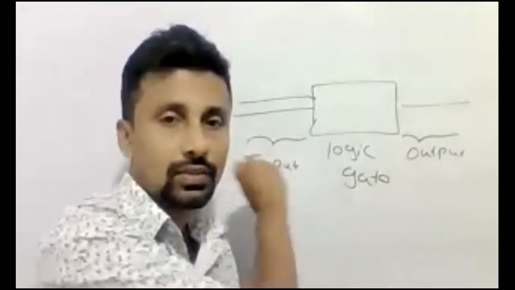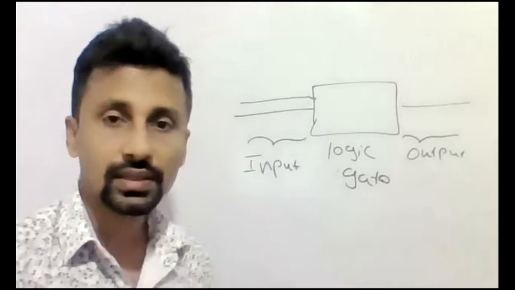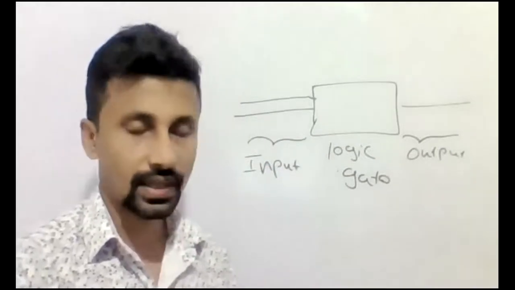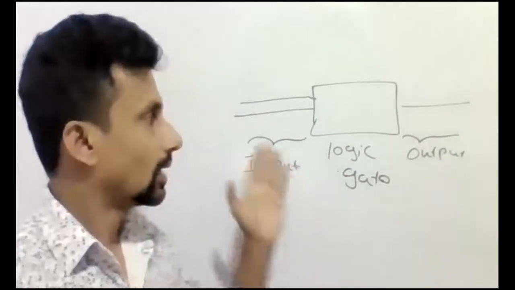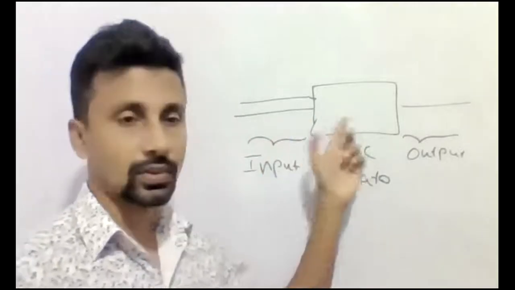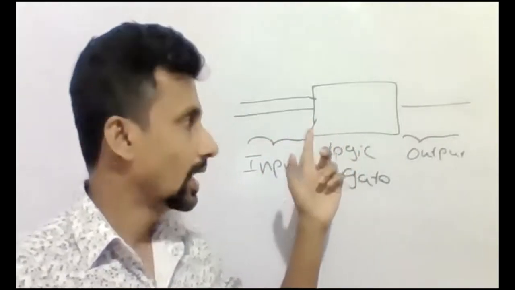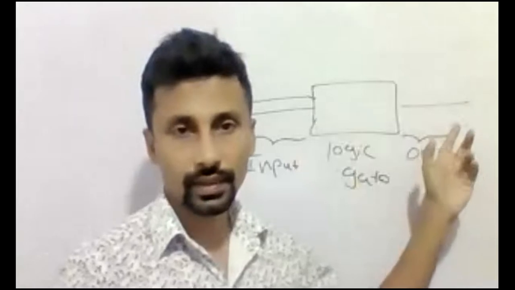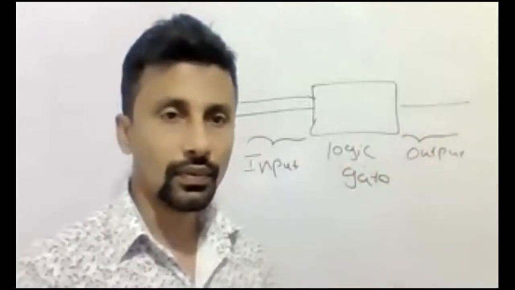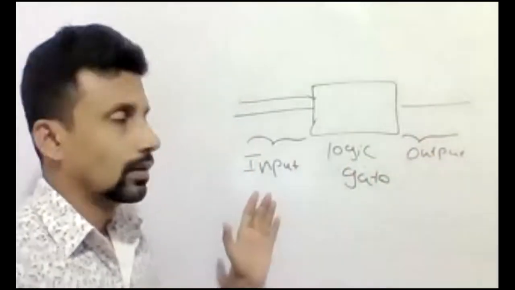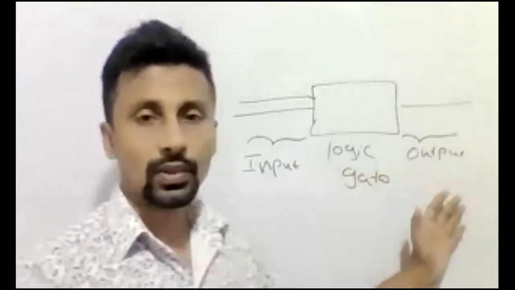Whatever you input, either 0 or 1, because you can't have other values, will be processed by what is inside this box, and it gives the output according to that.